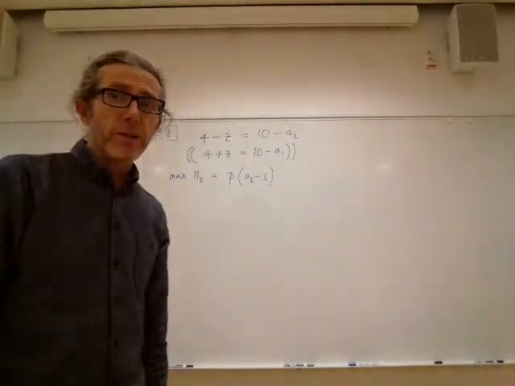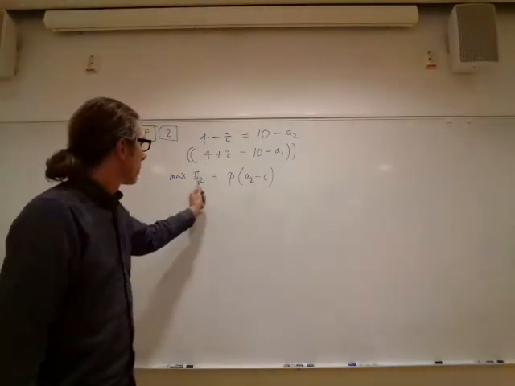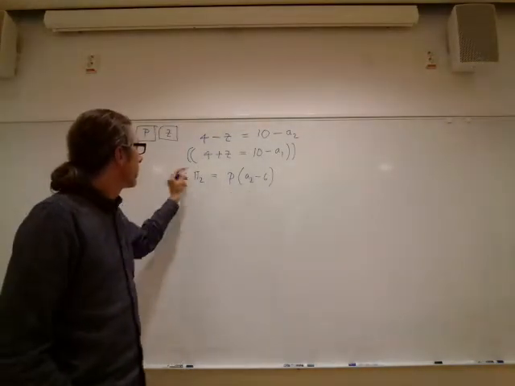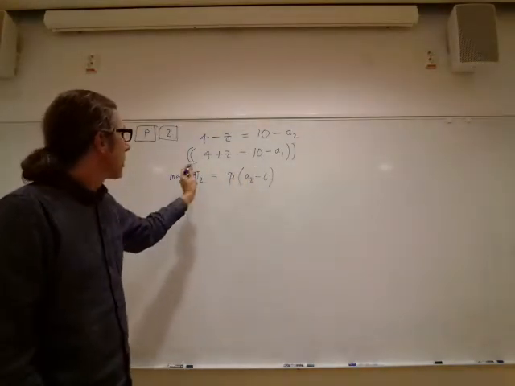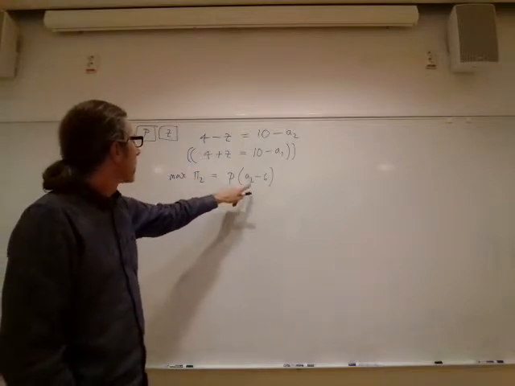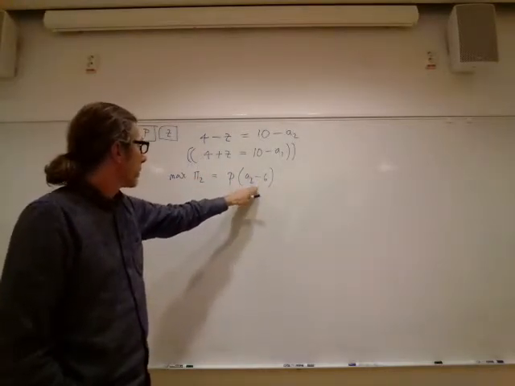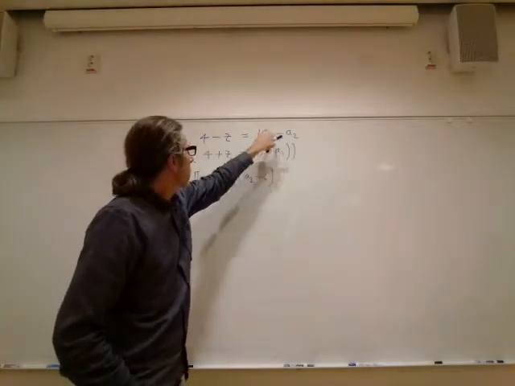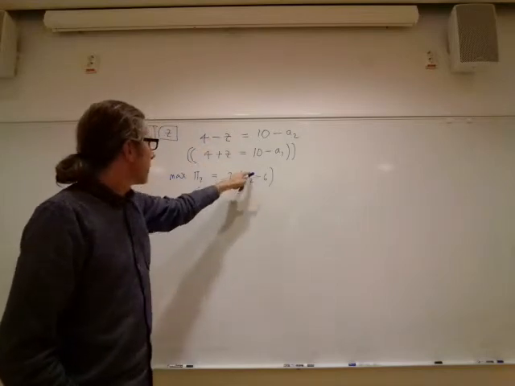Okay, sorry to stop there, but there's something wrong with my crib sheet. This is the problem, isn't it? Maximize pi 2, which is P times Z, the number of permits that firm 2 sells, and Z is A2 minus 6.